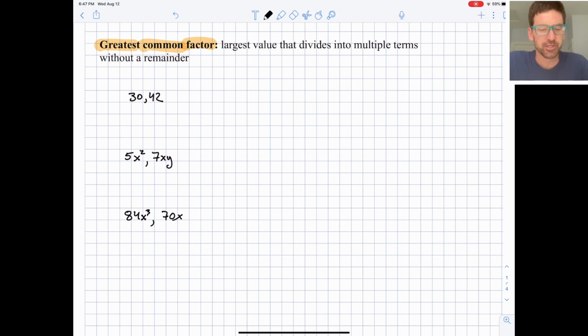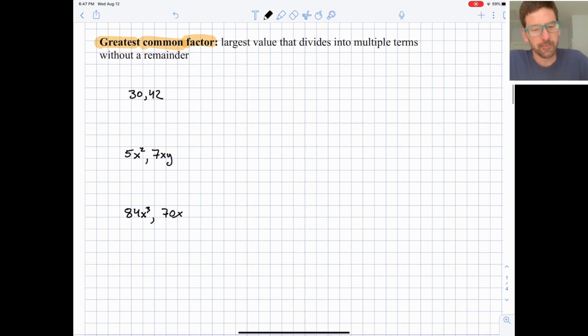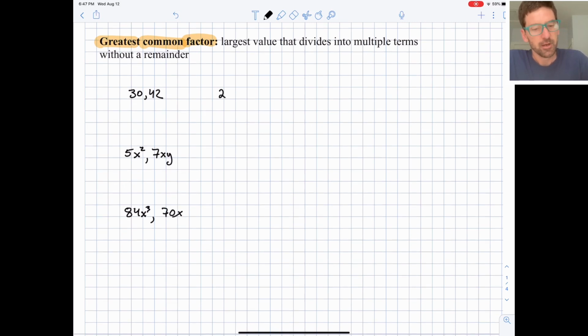So I have a method that I want to show you, and it involves prime factorization. So 30 is divisible by 2. That brings it down to 15, which is 3 times 5, okay? So we factored the 30. Let's factor the 42. Always try to divide by 2 first. That brings it down to 21, and 21 is 3 times 7.